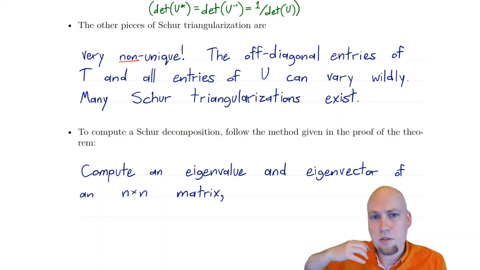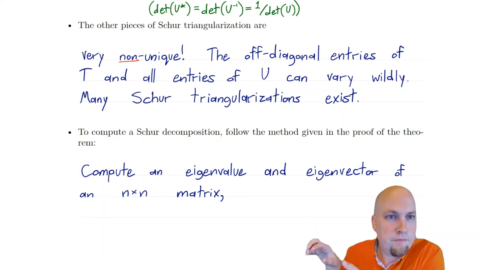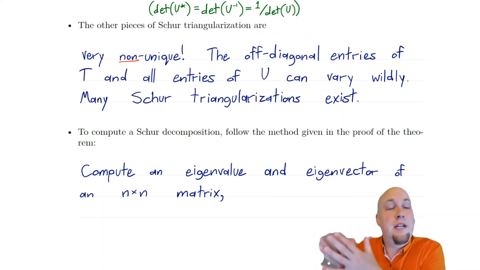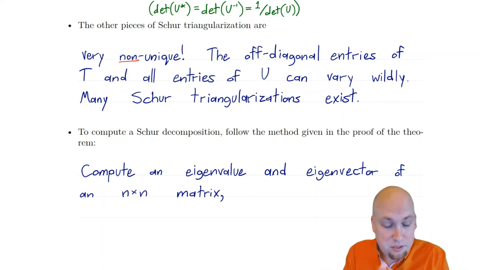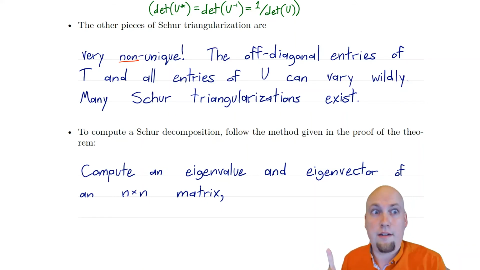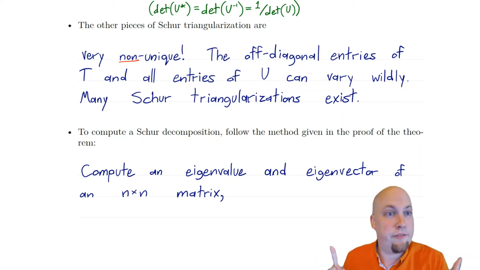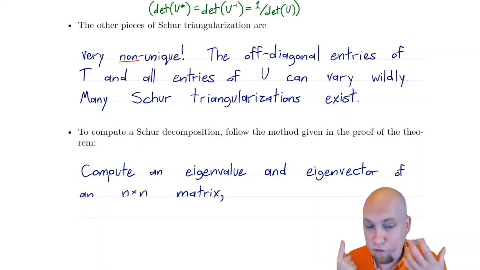So that gives you the first piece of freedom in the construction. Then you do Gram-Schmidt to extend that to an orthonormal basis of n-dimensional space. In other words, you construct a unitary matrix whose first column is that eigenvector that you just computed. Again, there's a lot of freedom here. There's a whole boatload of different unitary matrices that have that same first column.